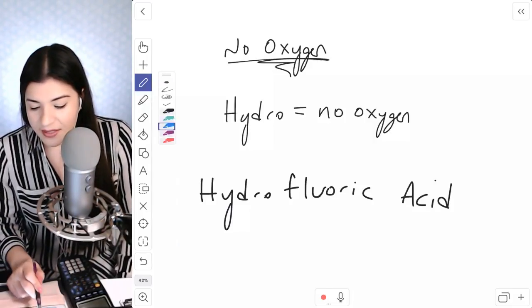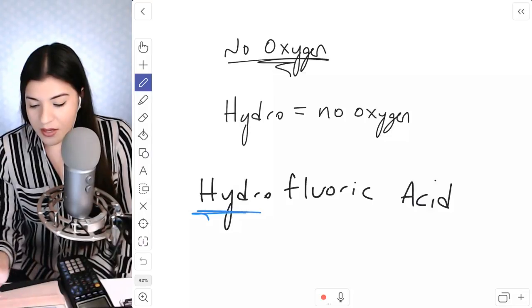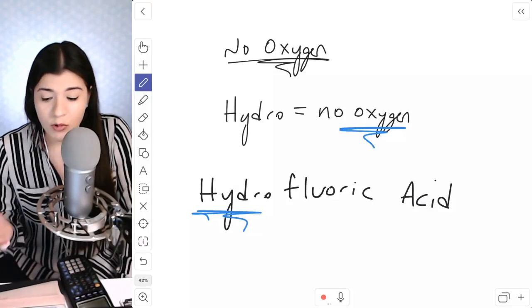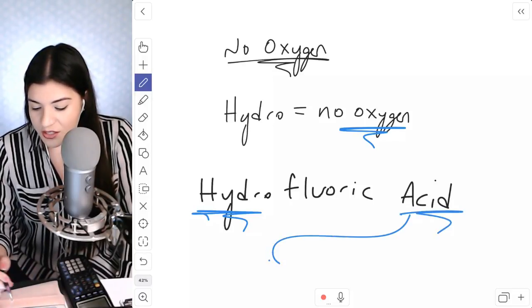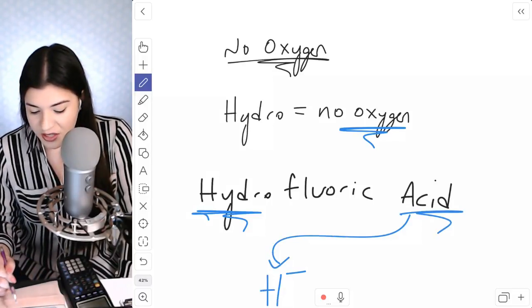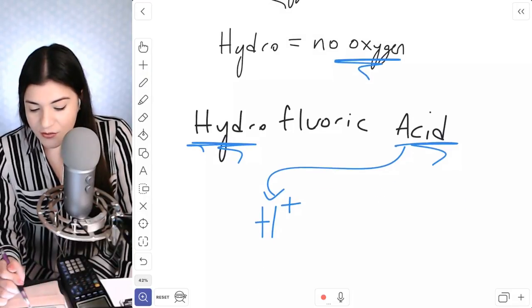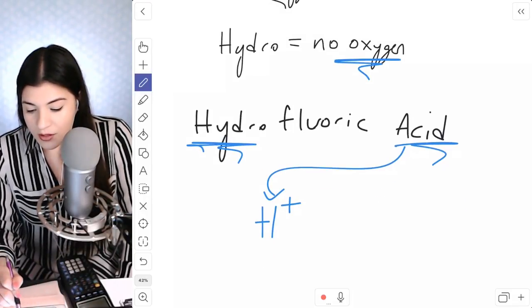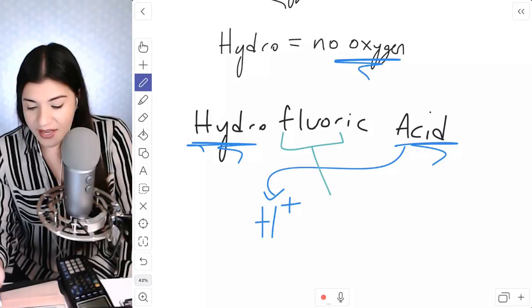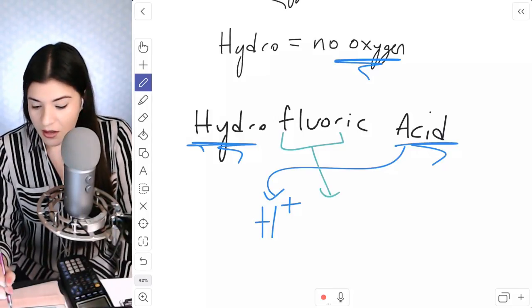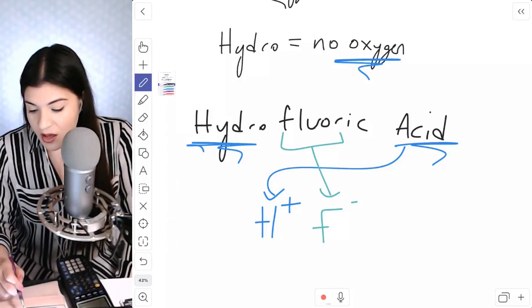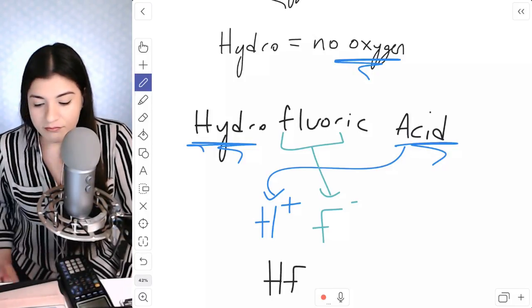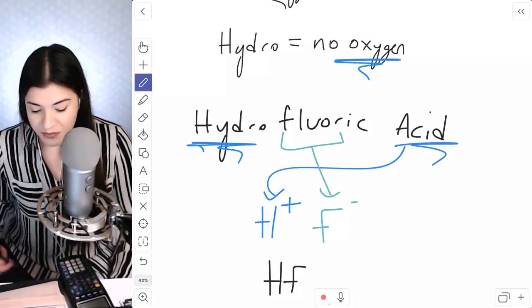So if we had something like this, the fact that they stated hydro tells us there's no oxygen whatsoever in this acid. And then our acid portion is just going to tell us that there's a hydrogen there. Next, this fluoro portion tells us what element that is. So that sounds like fluorine, so just F with a negative charge. We're still going to balance out our charges. So this is HF. That's hydrofluoric acid.